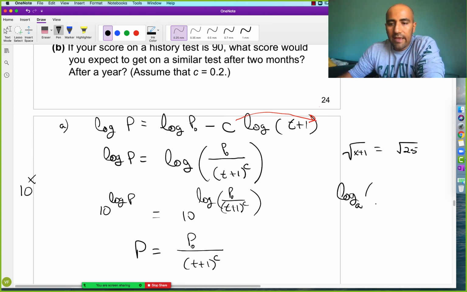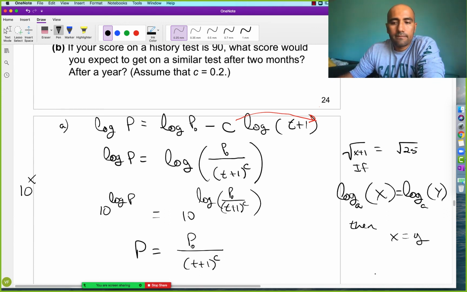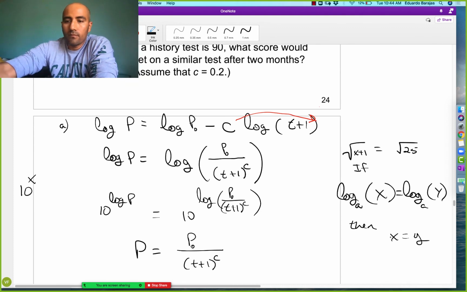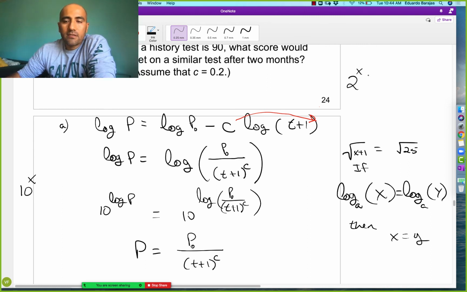Log base a of x equals log base a of y. If this is true, then we can conclude that x must be equal to y. This also applies to, for example, if 2 to the power of x is equal to 2 to the power of y, then we can conclude that x must be equal to y.